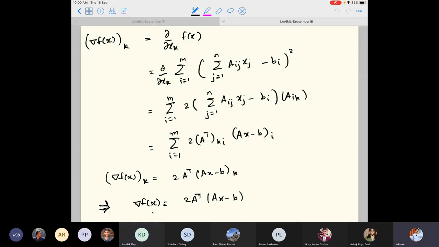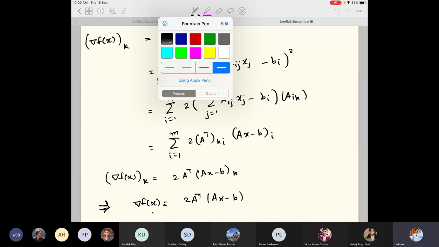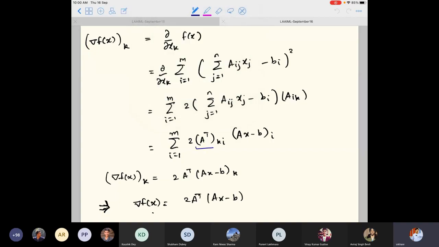This is a matrix that I'm looking at. If you look at this A transpose, suppose you call it B, and suppose this vector is Z, then do you agree that I am actually looking at this as BZ? So you have a matrix B and a vector Z. If you multiply matrix B with vector Z, what do you get? You see the K index is constant here.